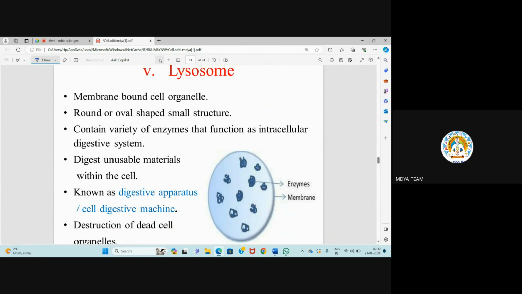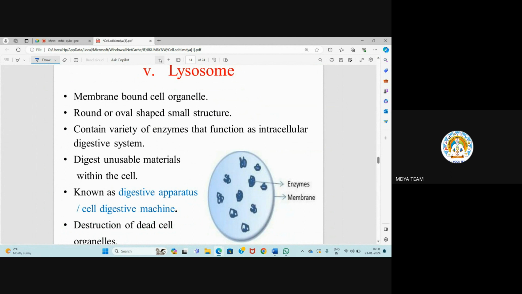It is containing variety of enzymes that function in intracellular digestion. Intra means inside the cell. It's not going outside the cell. The enzymes are not going out of the cell. So it's containing variety of enzymes that function as intracellular digestive system.